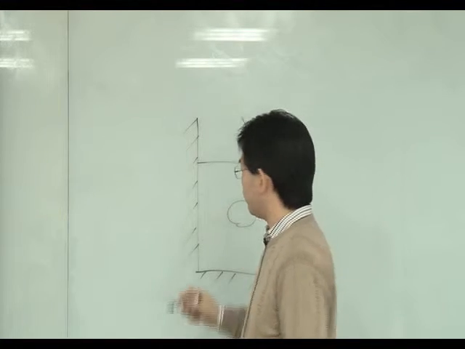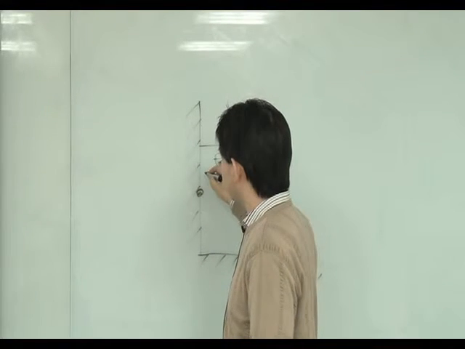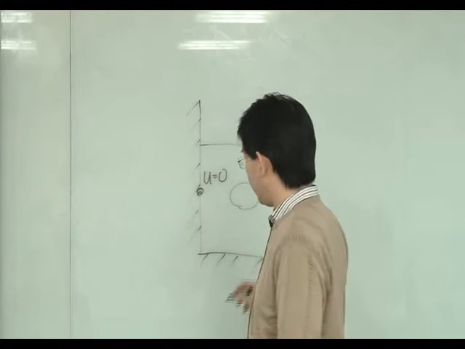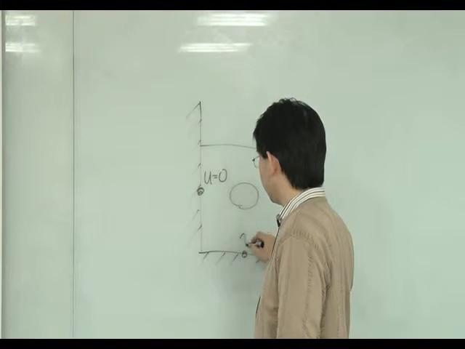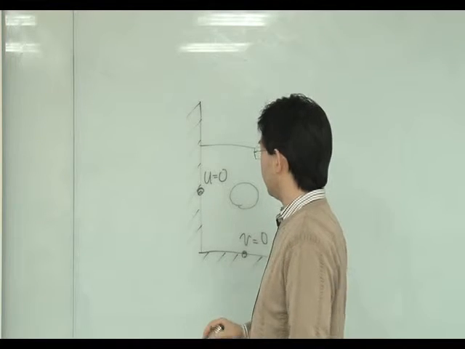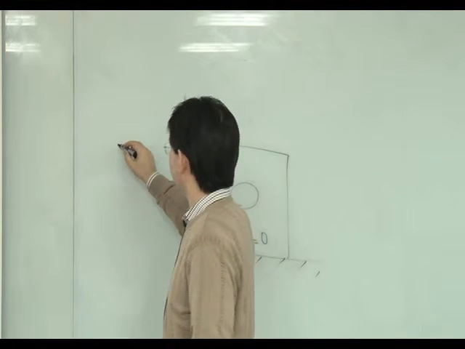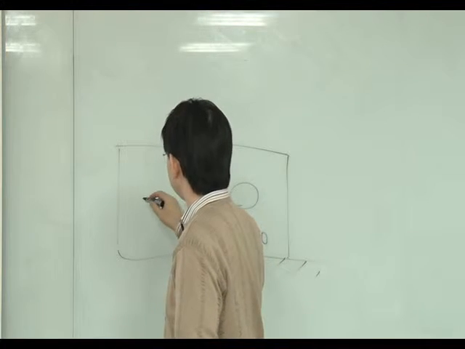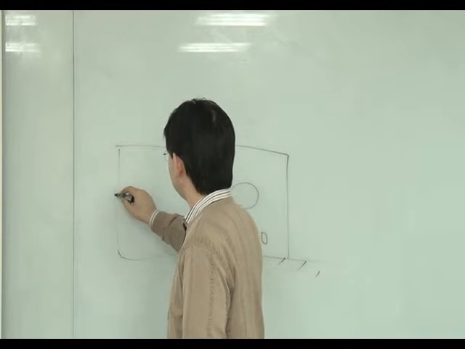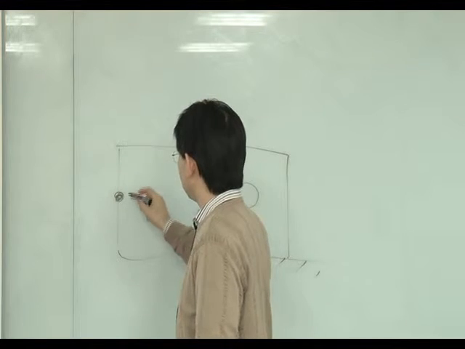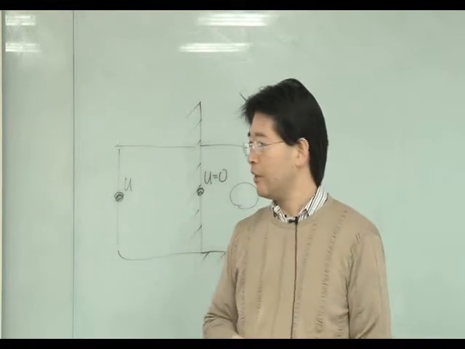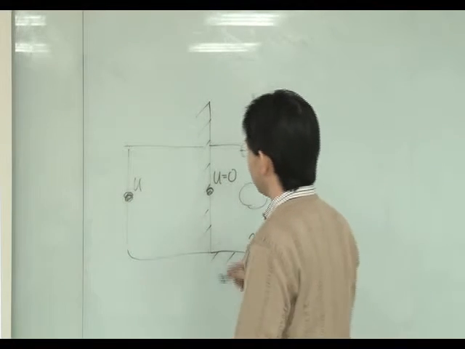So the required condition is this U equal to 0 and this V equal to 0. And there will be dummy mesh, and this U vector is how?